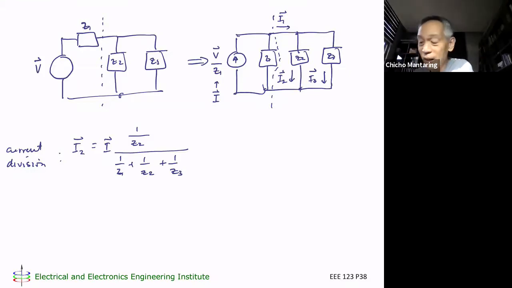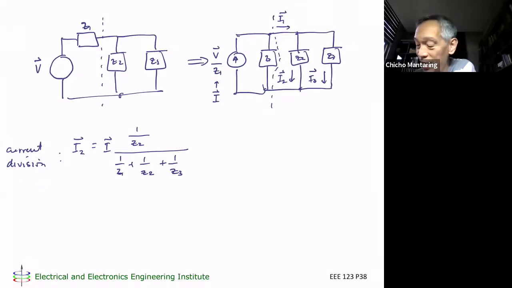And then I divided by the sum of these admittances, the equivalent admittance, would be the voltage across it also. Anyway, yun lang yung formula mo. So this is just current division.